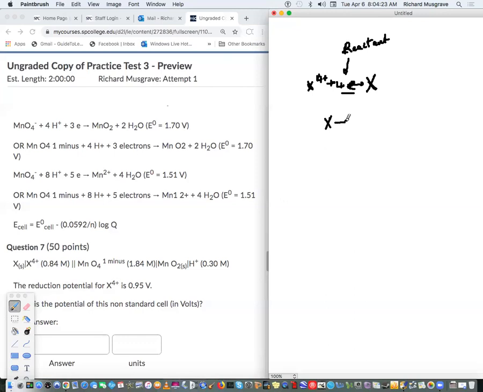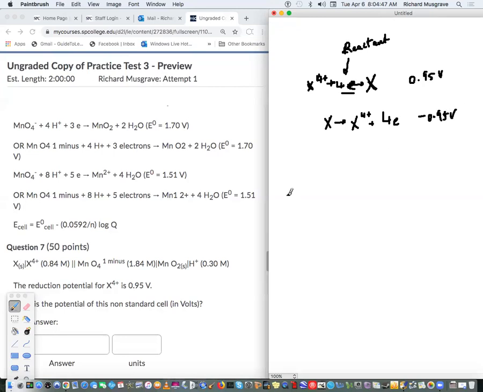So the first step here is to change this into an oxidation. Now, you were also given a reduction potential in the question as well, 0.95 volts, which makes it now negative 0.95 volts.